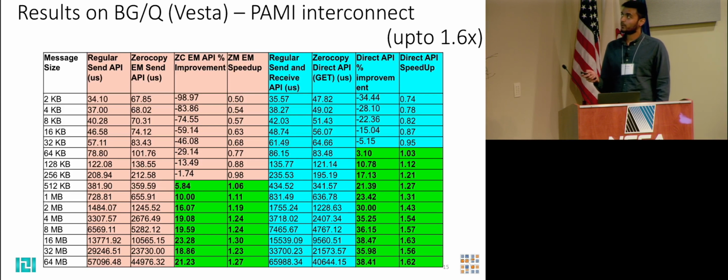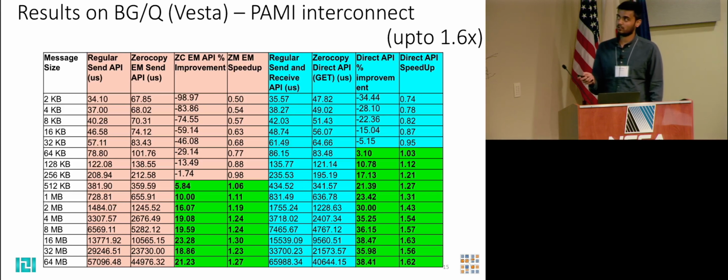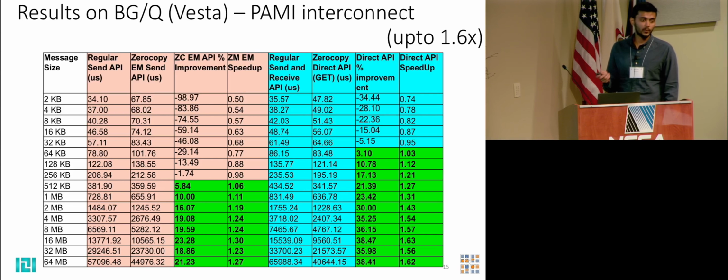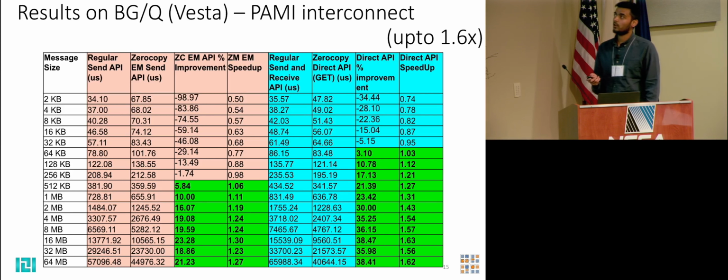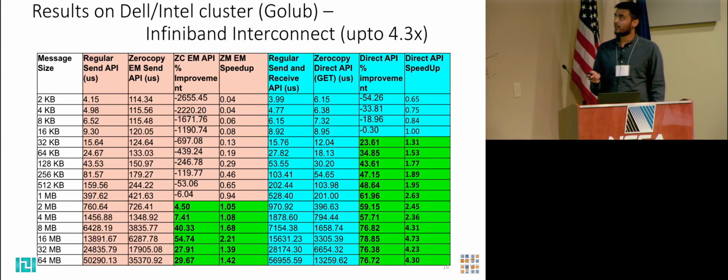And the speedup in the case of the direct API over the send and receive API, where I made an explicit copy from the provided pointer into one of the data structures, and in this case the RDMA call did it for me, is performance gains of up to 1.6x. So this is dependent not on the PAMI interconnect as such, but entirely on the CPU and the memory performance.